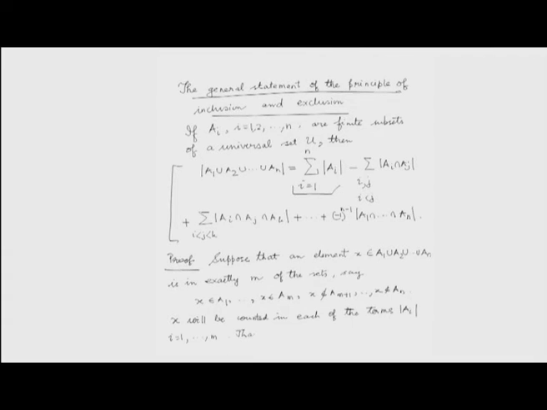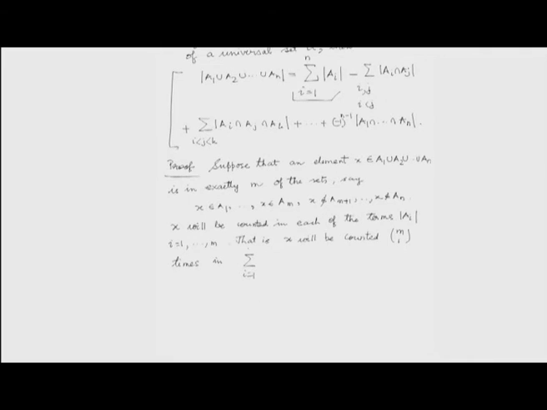That is, x will be counted m choose 1 times in the sum over i equal to 1 to n of cardinality A_i.